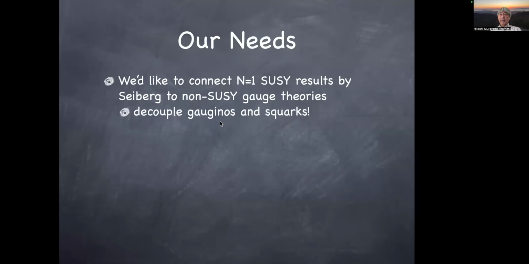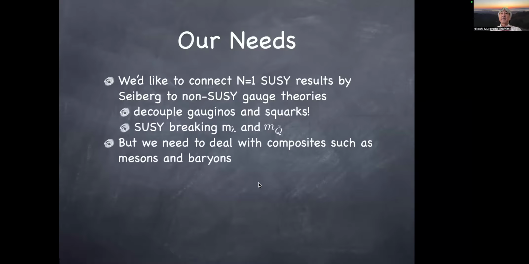Every gauge boson is partnered with the gauginos. Again, we don't need them in non-supersymmetric gauge theory. We need to make them massive. So we need to find a scheme to make gauginos and squarks massive and heavy. So we need both of these. But at the same time, we have this need to deal with non-perturbative effects like composite objects such as mesons and baryons.